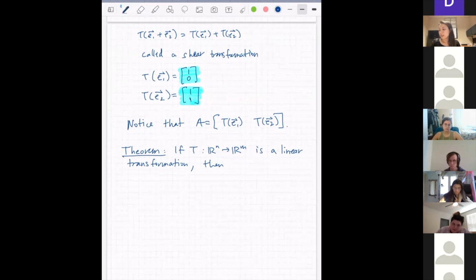What I'm trying to say is that if we have a linear transformation and we form a matrix using the images of these unit vectors as our columns, then we get a matrix that describes it.